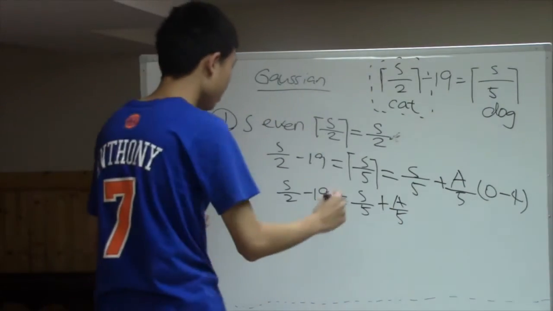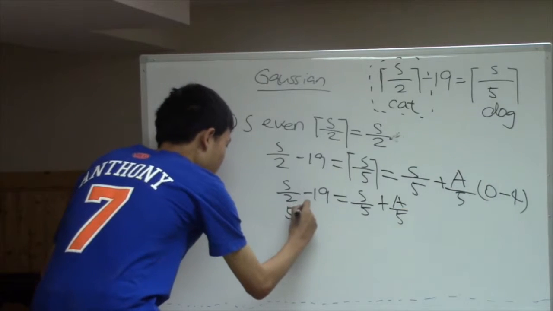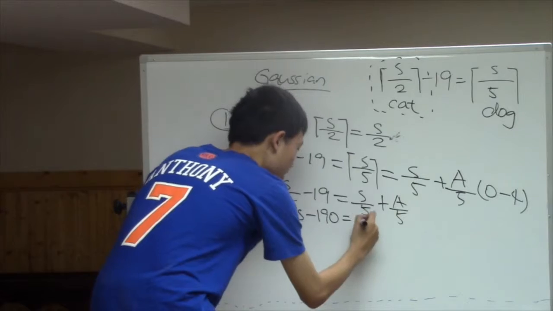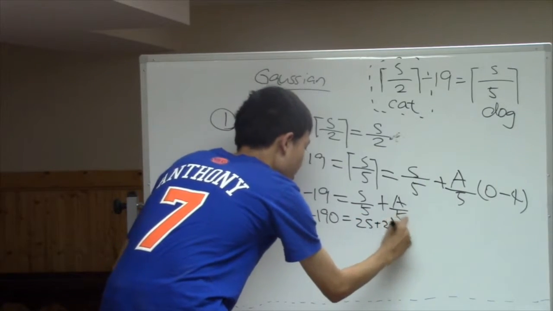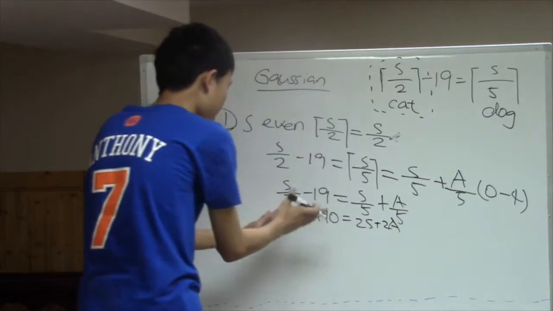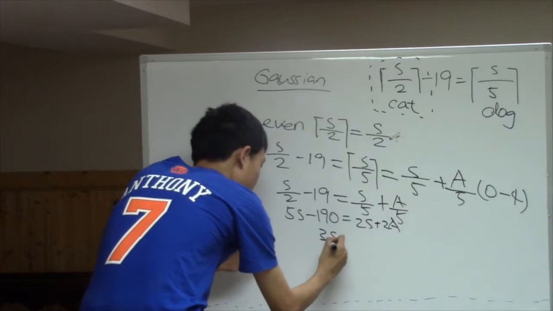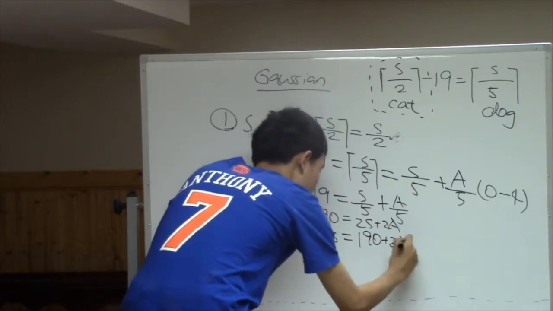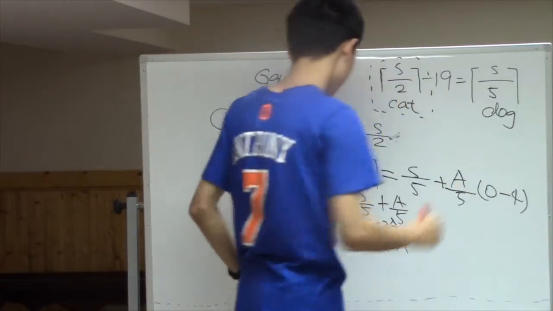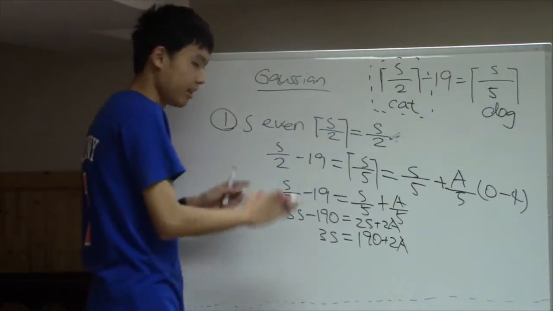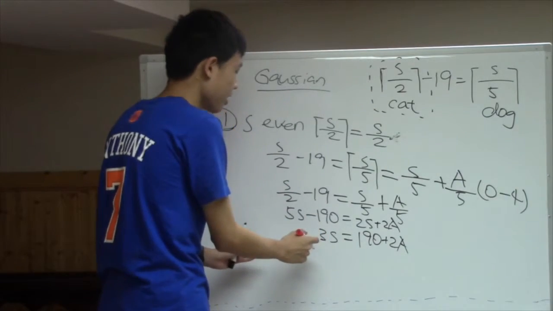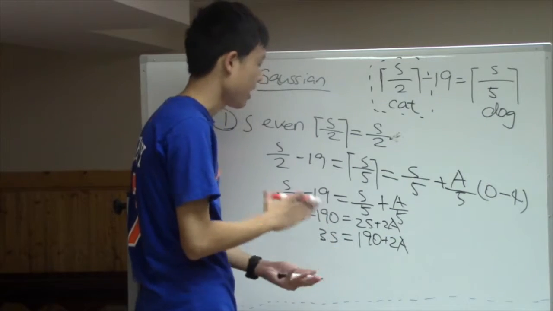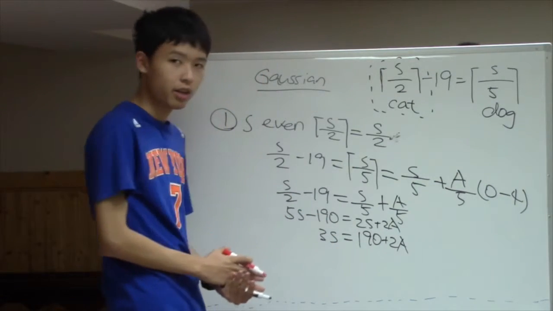If you multiply everything by 10, you get 5S minus 190 equals 2S plus 2A. We move the S's from the left-hand side, and we get 3S equals 190 plus 2A. The left-hand side is 3S, so the other side also has to be a multiple of 3.